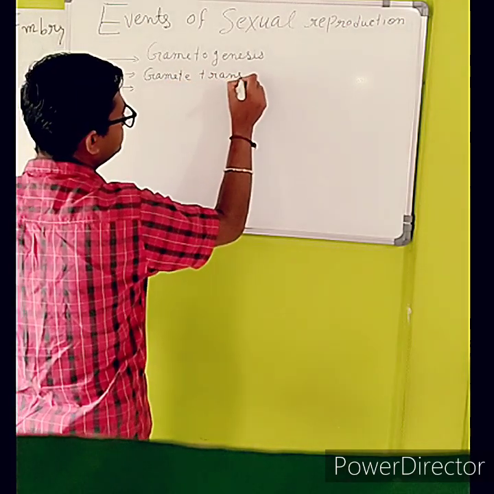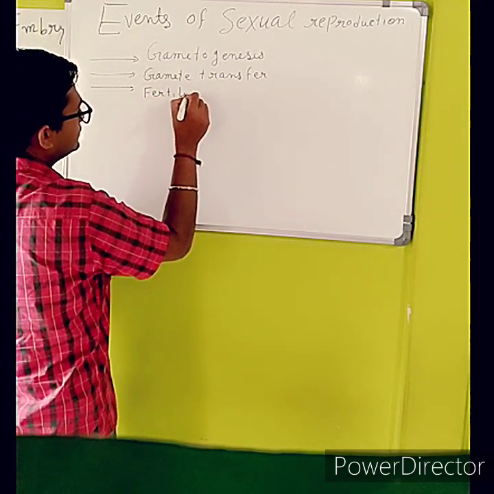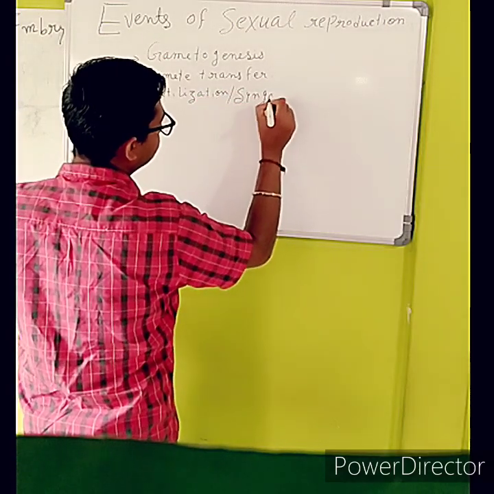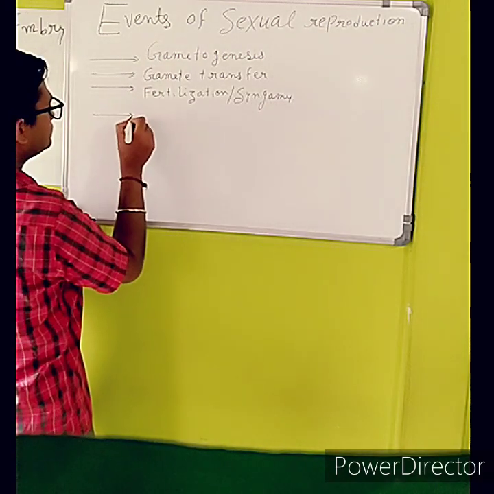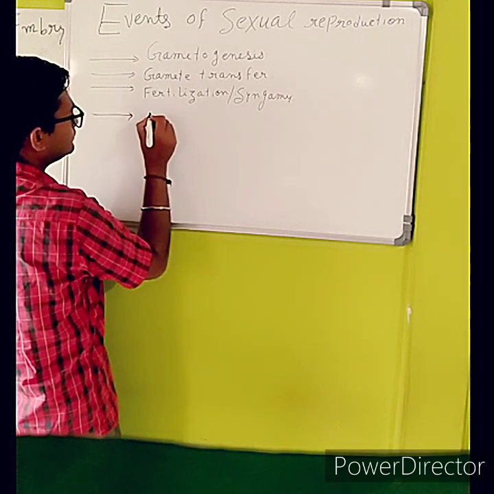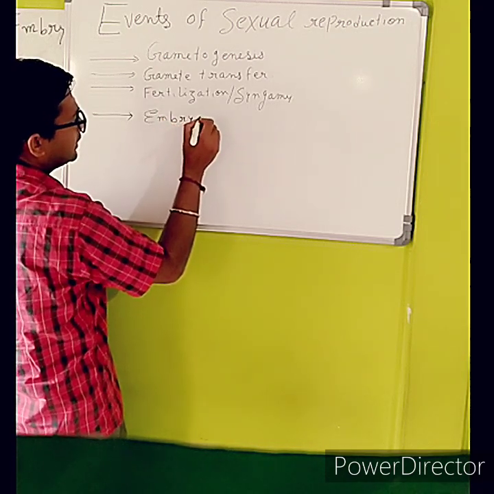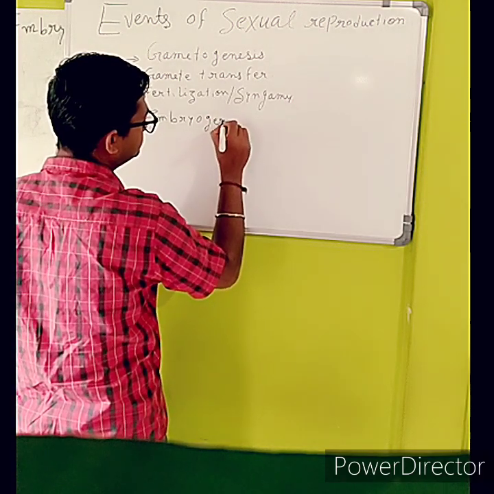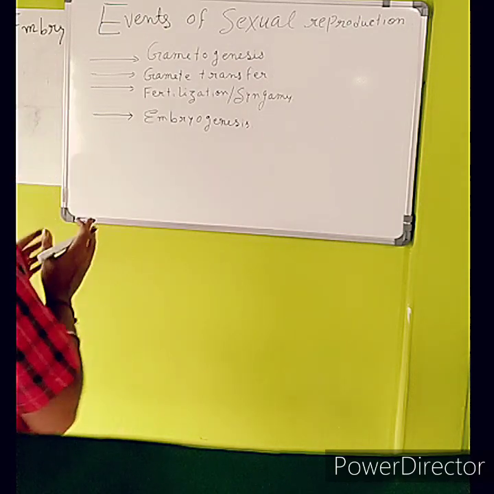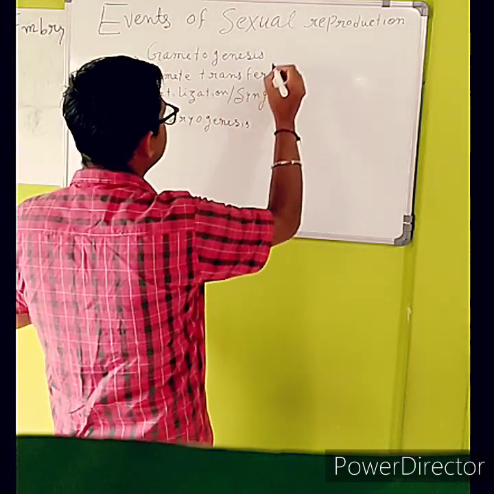Second phase is gamete transfer, then fertilization or syngamy. After fertilization, the zygote is produced, which gives rise to the embryo, and embryogenesis involves the further development of the embryo. So gametogenesis, gamete transfer, fertilization and embryogenesis are the basic events of sexual reproduction.